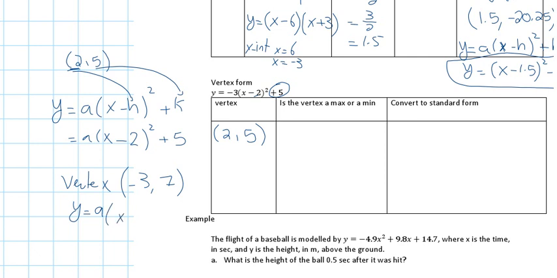Positive. So it's x plus 3 squared plus 7. But when you write the vertex, it'd be negative 3. Otherwise it won't be the same equation. The h value of the vertex is always going to be the opposite sign.